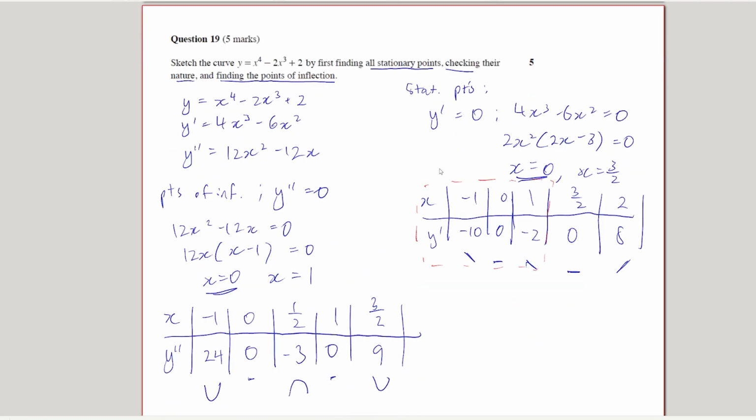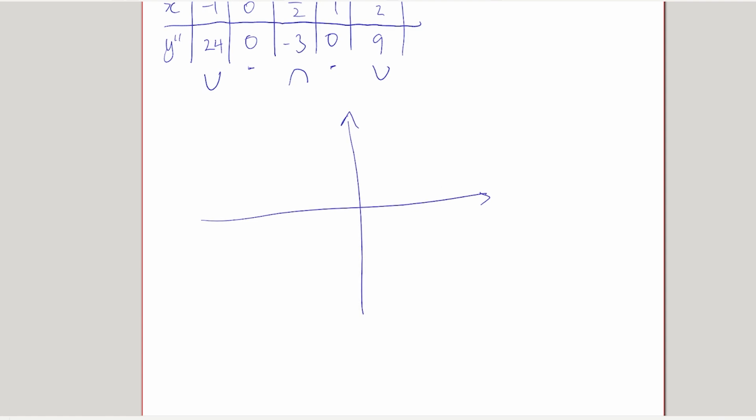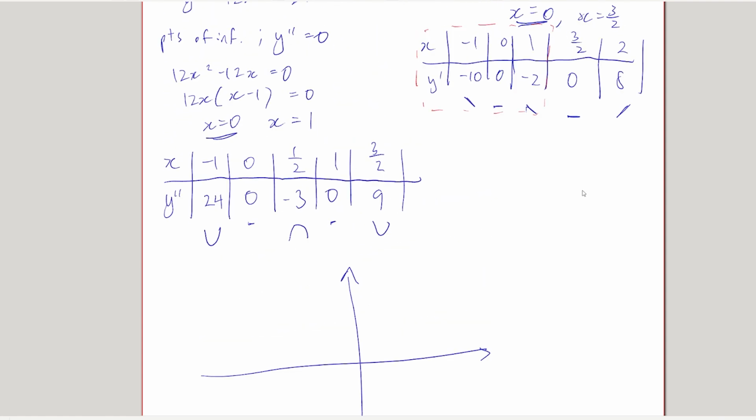Alright, so now let's get to the sketching. At x equals 0, we know it's going to look something like this. For x equals 1, I'm just going to put a dot there for now. Now let's look at 3 over 2. 3 over 2 is a stationary point where it's going to go something like this.